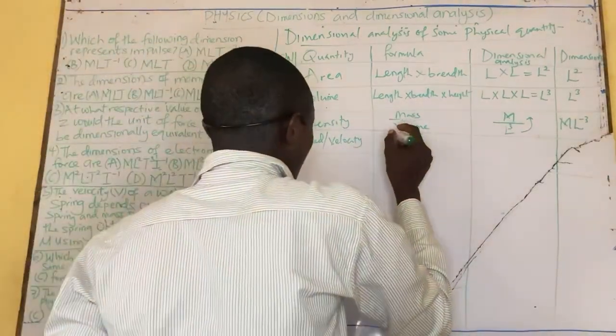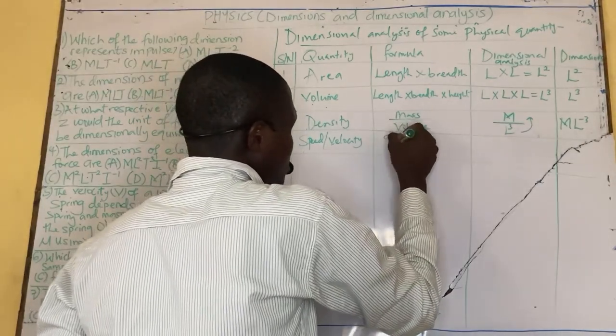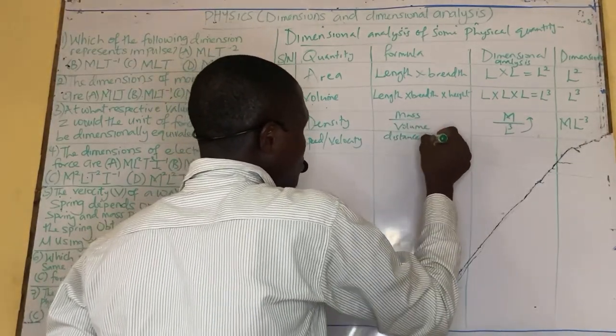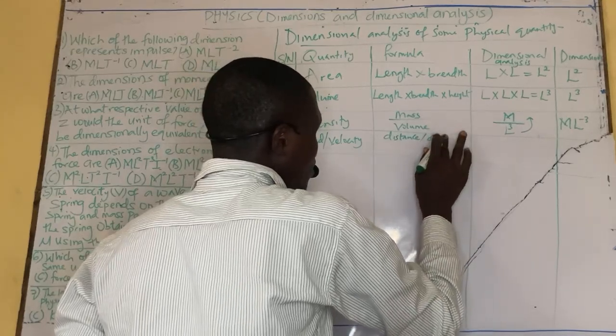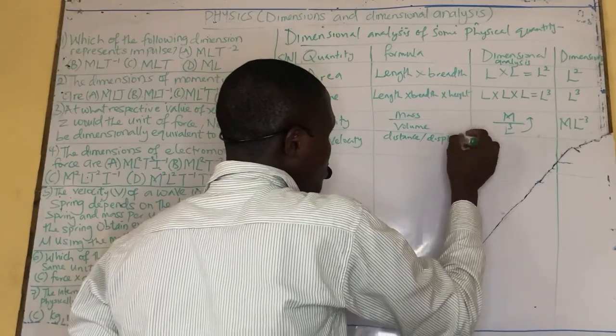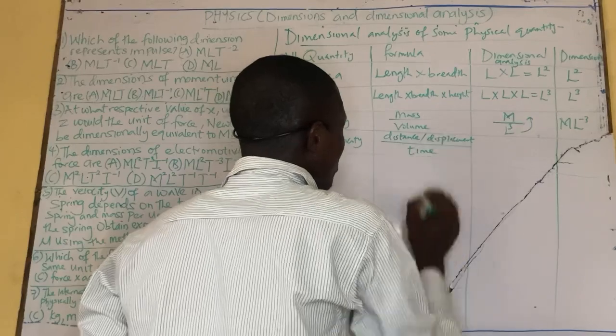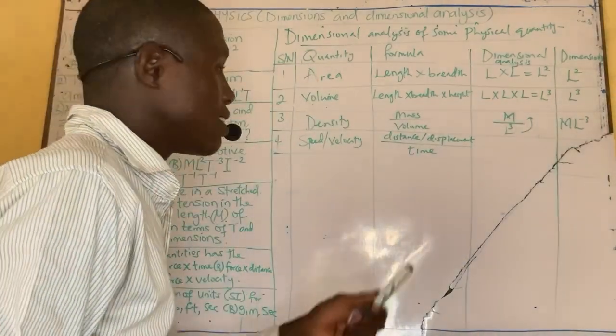So what am I trying to say now? We are going to combine the formula together by saying distance or displacement all over time. That is the change in distance all over change in time.